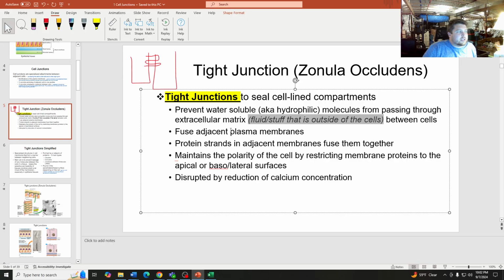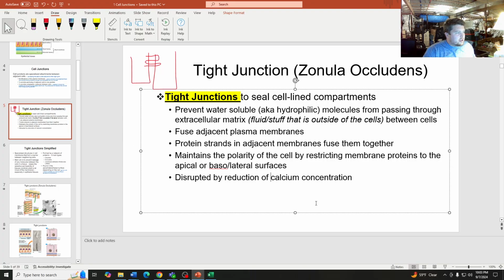It fuses the plasma membranes together. Protein strands in adjacent membranes fuse them. That's kind of like the thread that I was talking about, those protein strands. It maintains the polarity of the cell, restricting membrane proteins to either the apical, the top, or the basal, bottom, or lateral surfaces of the cells.